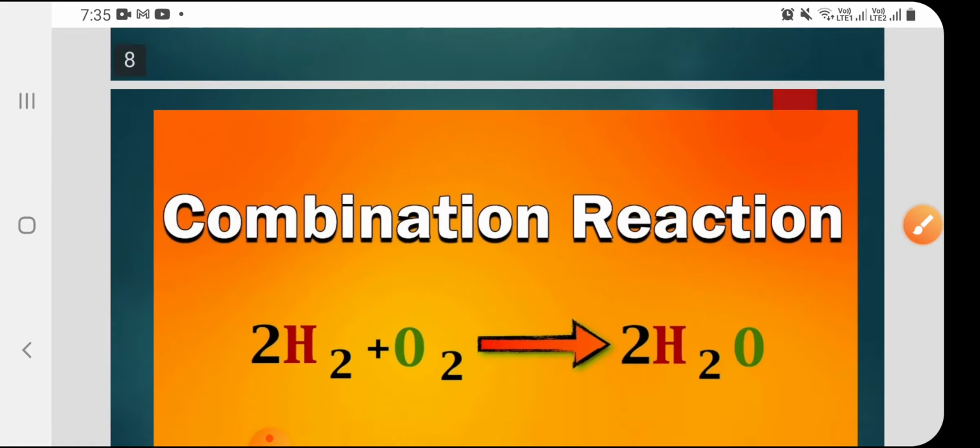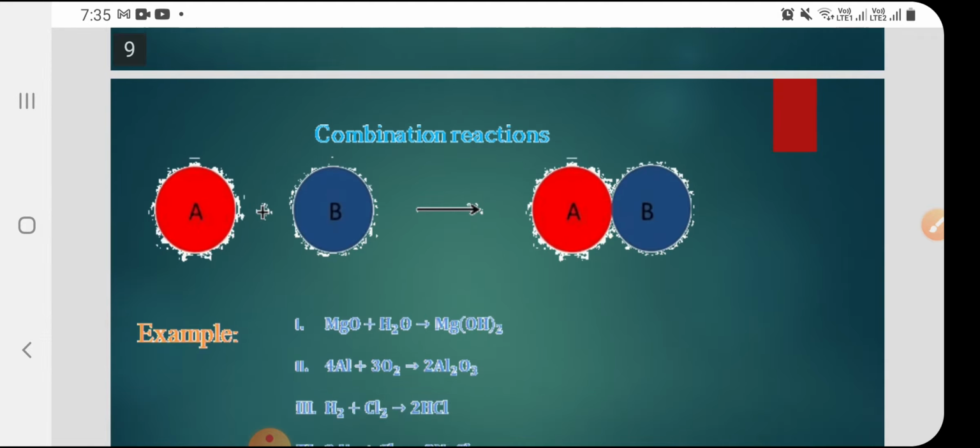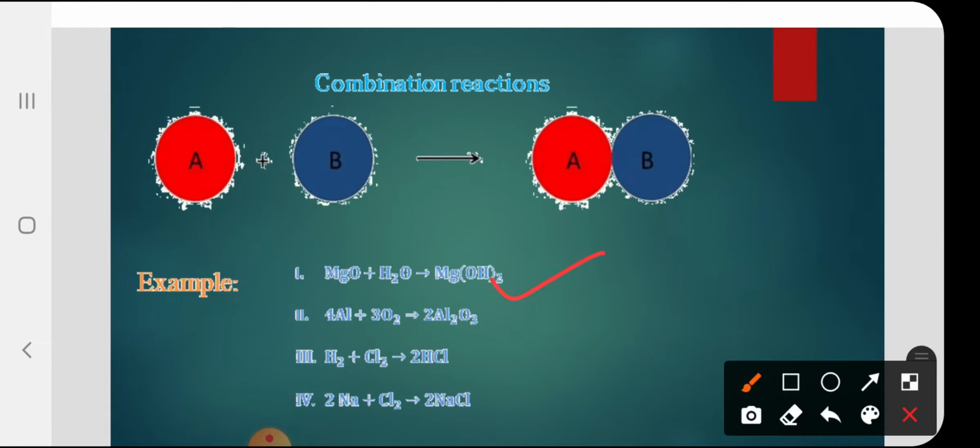Now, this is another example of a combination reaction. Water forms from the elements hydrogen and oxygen. The third: magnesium oxide and water react with each other and form magnesium hydroxide.